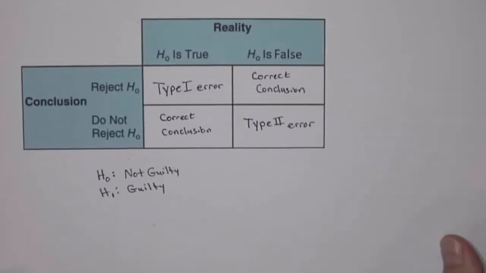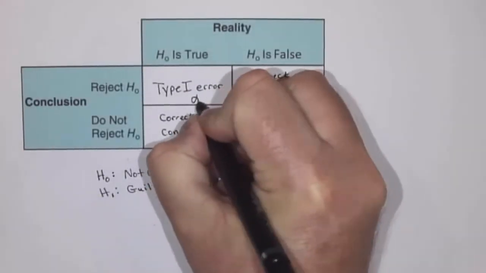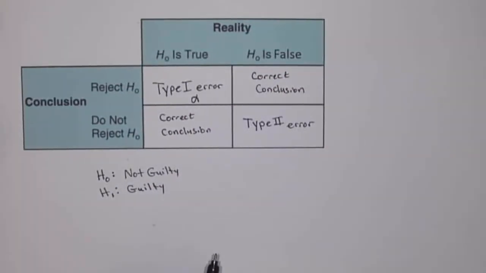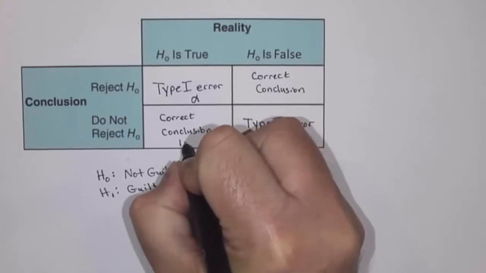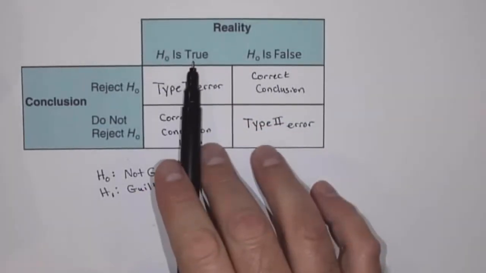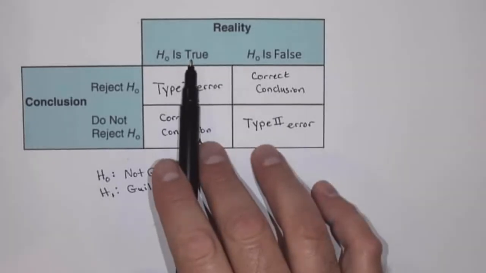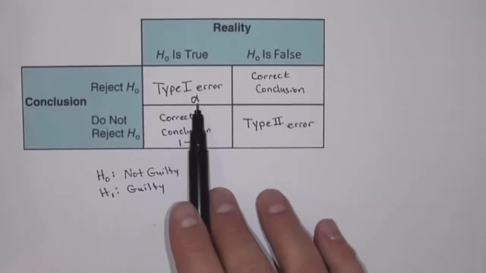Now, if I bring back in this page, alpha is going to be this probability of making a type 1 error. So that means the probability of making a correct conclusion is going to be 1 minus alpha when the null hypothesis is true. So assuming that the null hypothesis is true, the probability of making a type 1 error is alpha.